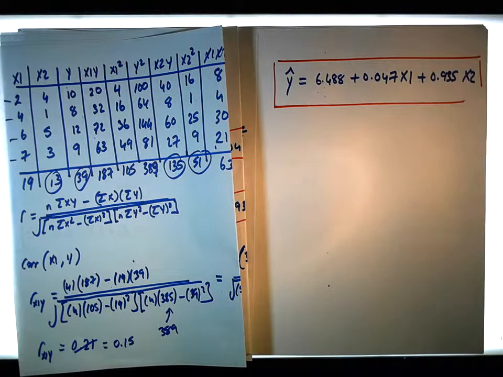This is a multiple correlation. The correlation between the two independent variables and the dependent variable. So how well correlated are these two things with the dependent variable overall? And it's 0.944, which is a very, very strong correlation. And then we have R squared here.